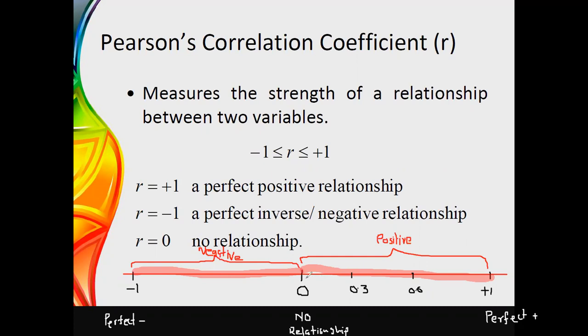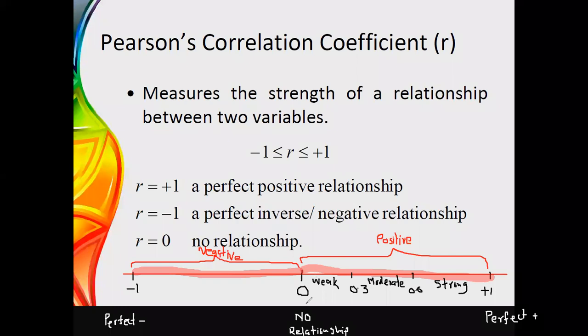If the value is between 0 and 0.3, we say this is a weak region, so there is a weak positive relationship. Between 0.3 and 0.6, we say this is a moderate positive relationship. And if it is greater than 0.6, we can say there is a strong positive relationship. This is how we are defining the values.